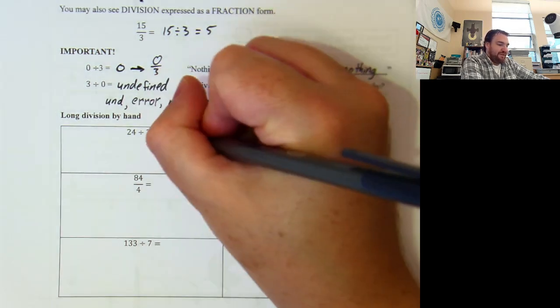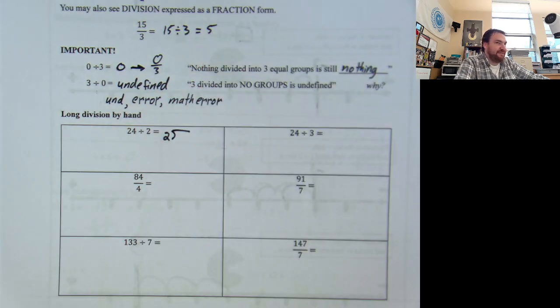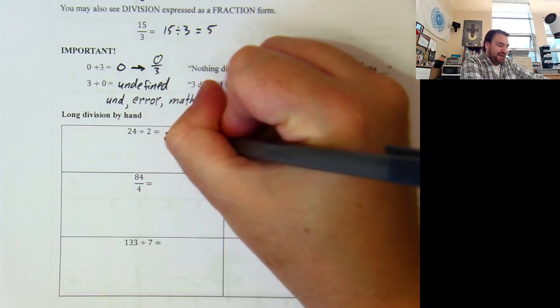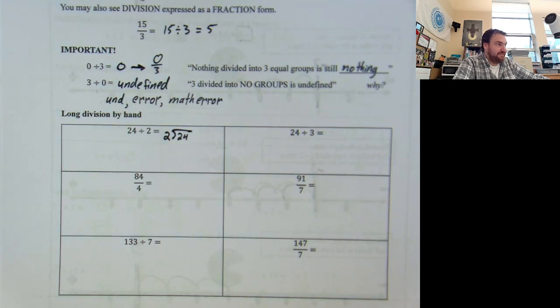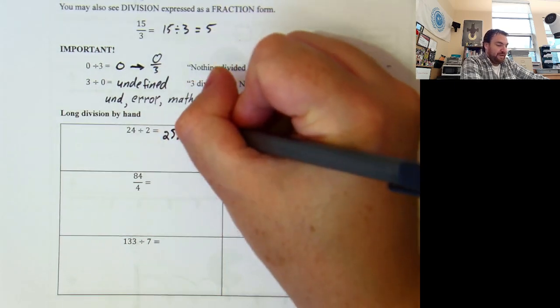Yeah, so the thing you're dividing by goes on the outside. The thing that you're dividing goes on the inside. Okay, so 2 divided by 2 is 1.